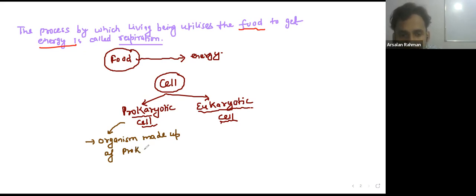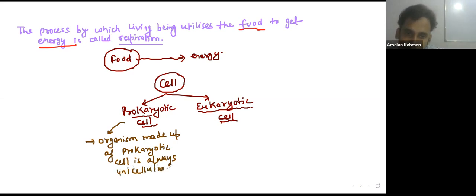So organisms made up of prokaryotic cells are always unicellular, made up of only one cell.